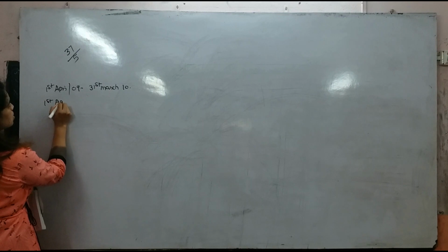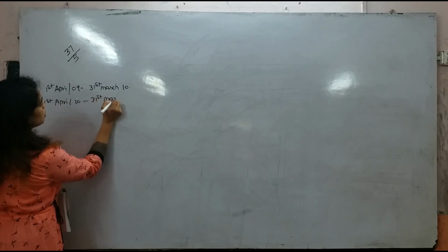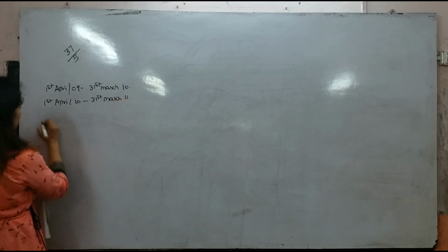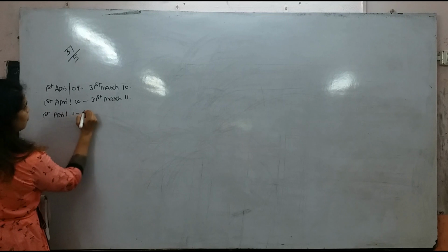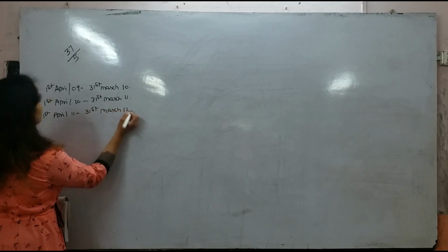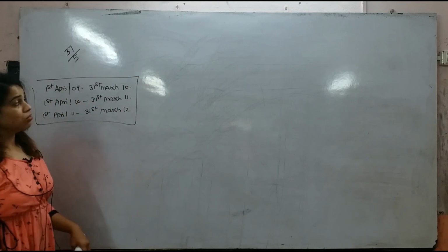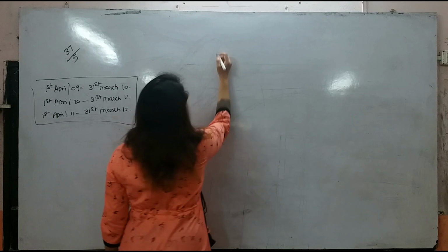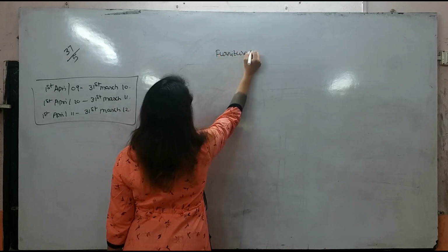Second year will be 1st April 2010 to 31st March 2011, and third year will be 1st April 2011 to 31st March 2012. We need to prepare the furniture account for these 3 years. Okay, now let's prepare your furniture account.